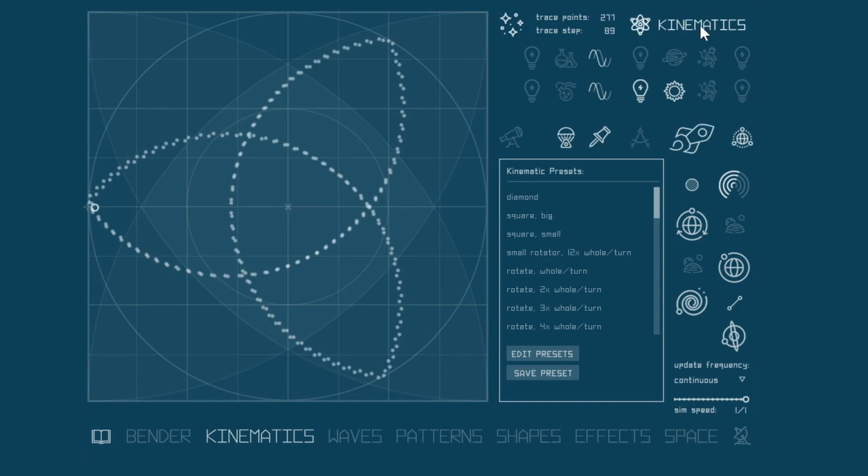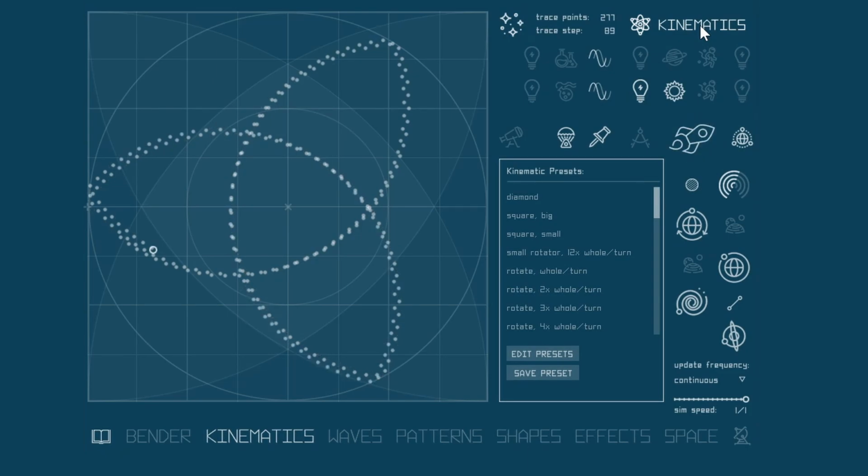It's also the simplest way to draw a circle. You just need to set the speed to 0 and place cursors.